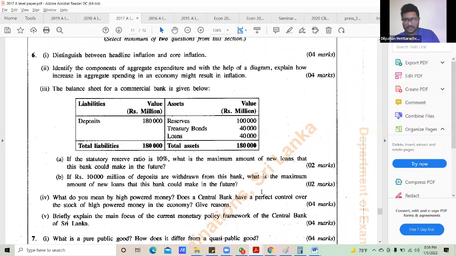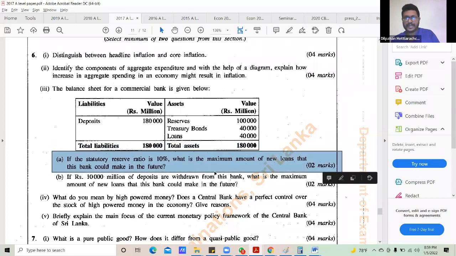So basically, it's like this. When you read the question, you should understand what the requirement is, right? So here, you can't continue. Yes, you have to come back to the original balance sheet given in the question and do the necessary amendments.